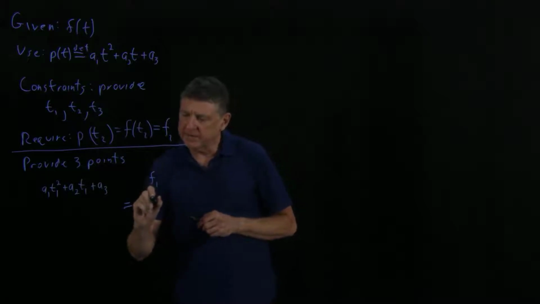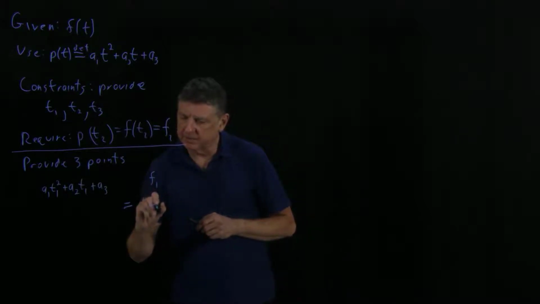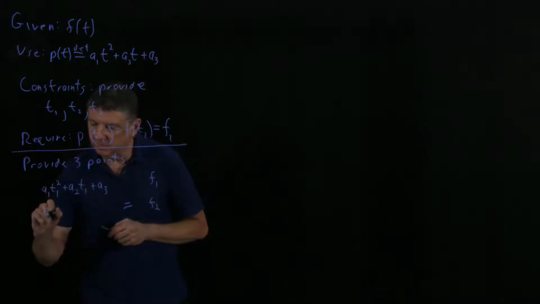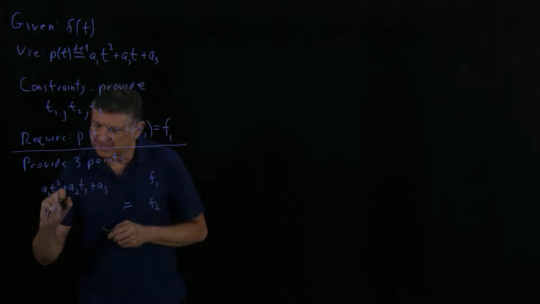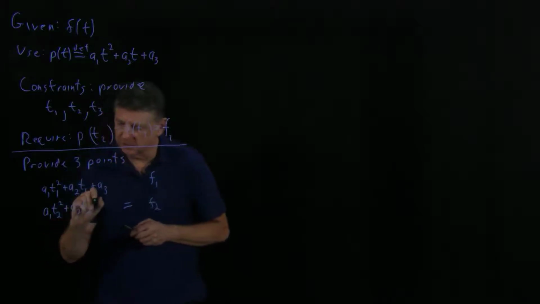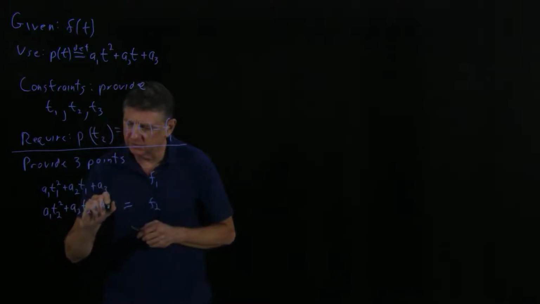When I evaluate it at the second provided point, it'll be the same coefficient times the second argument squared, plus that second coefficient times T2 plus A3.